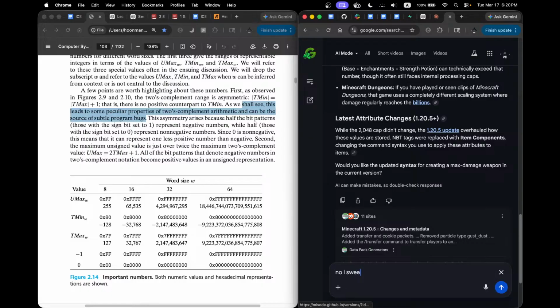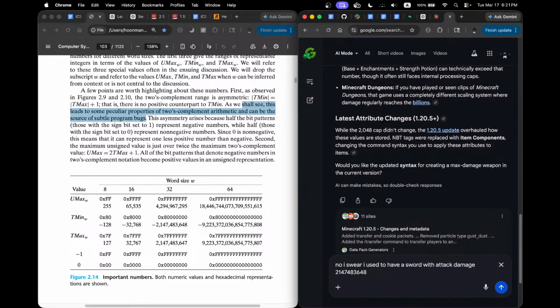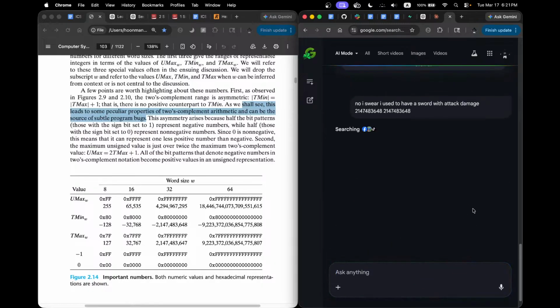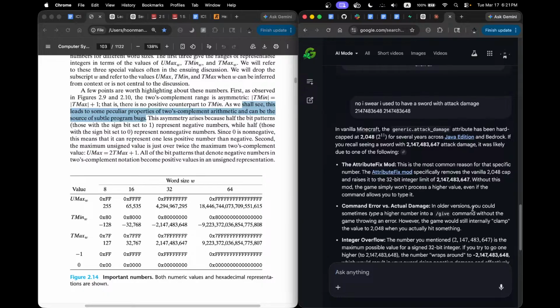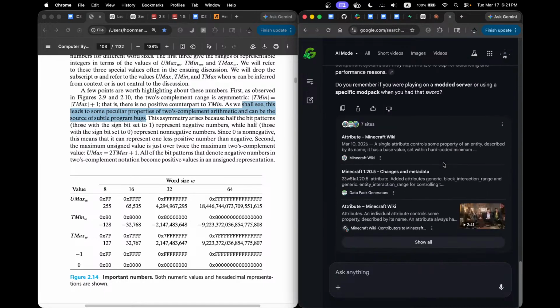No, I swear, I used to have a sword with attack damage of... Nope, no, you're wrong.